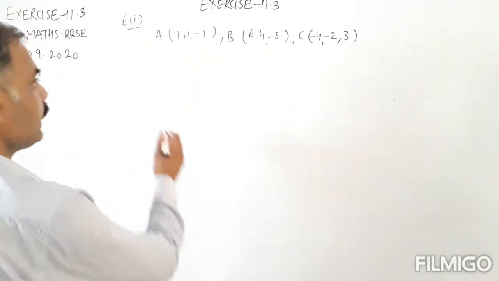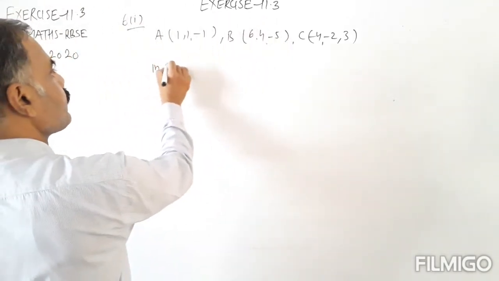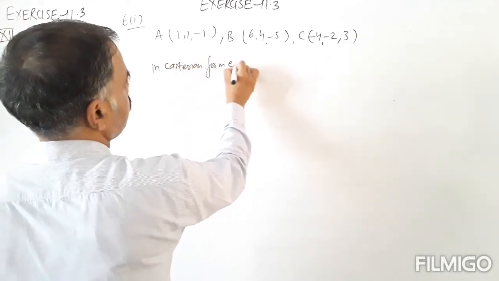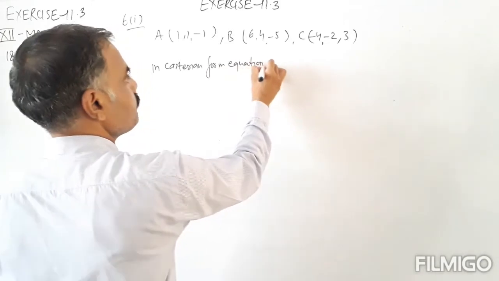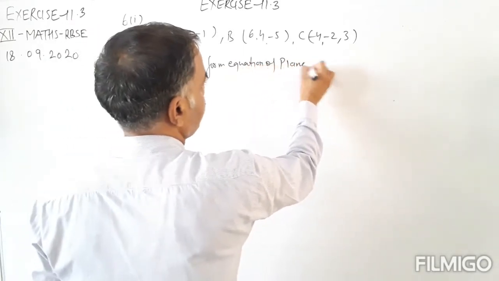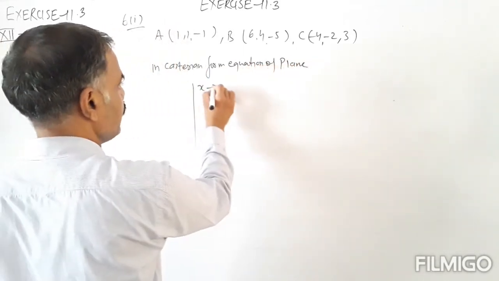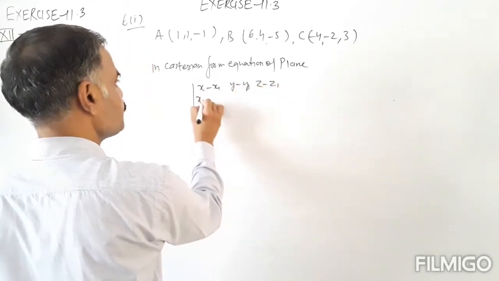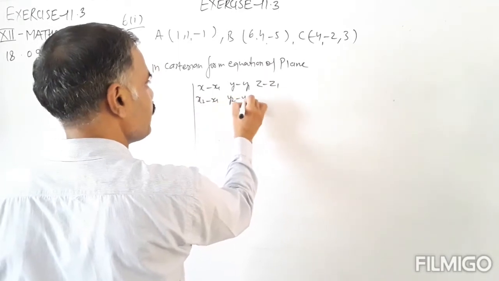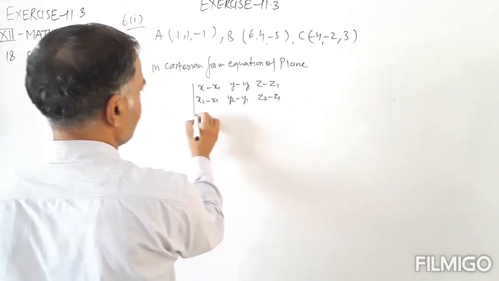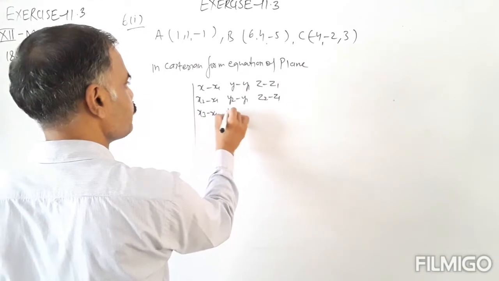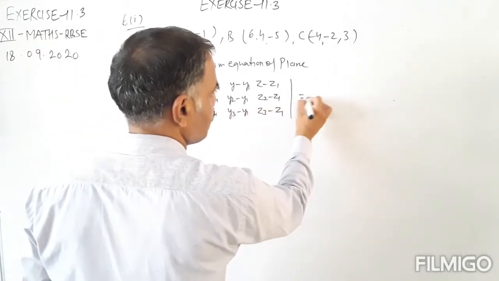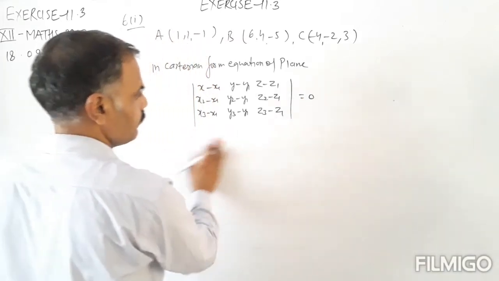So in Cartesian form, the equation of the plane is the determinant with rows x minus x1, y minus y1, z minus z1; x2 minus x1, y2 minus y1, z2 minus z1; and x3 minus x1, y3 minus y1, z3 minus z1, equals 0.